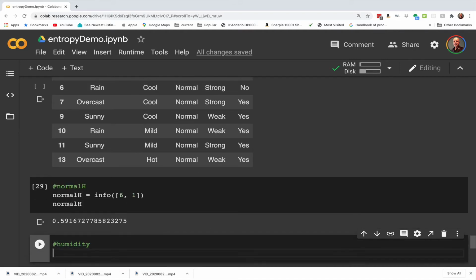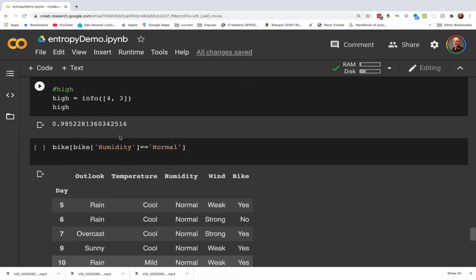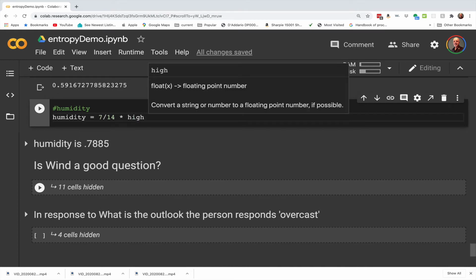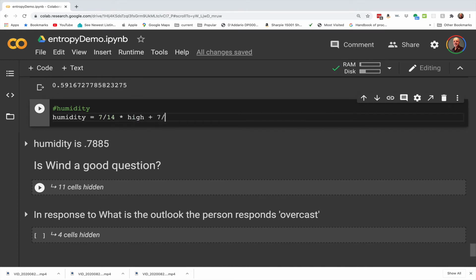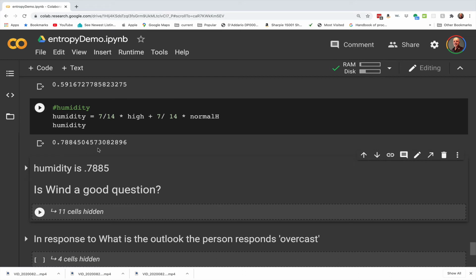Okay, and now let's check the humidity. Get the entire value. So it was 7 14ths times what is called high. Yes. 0.7884.